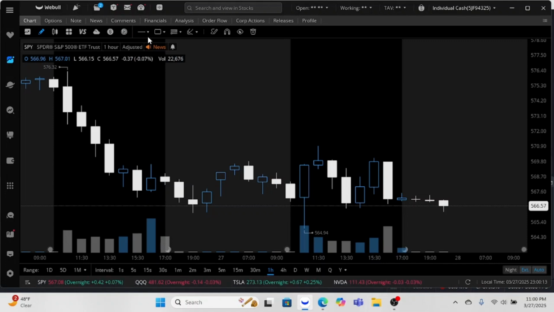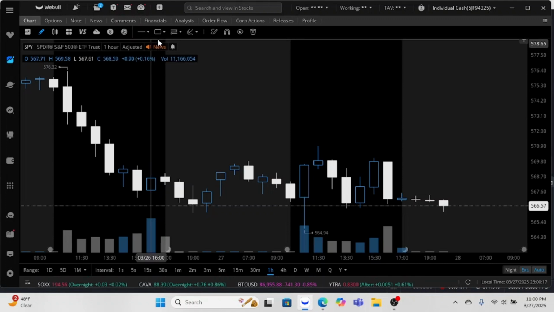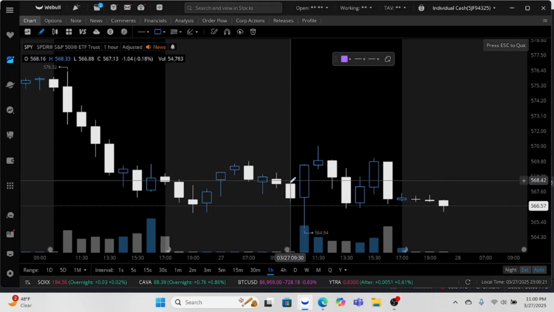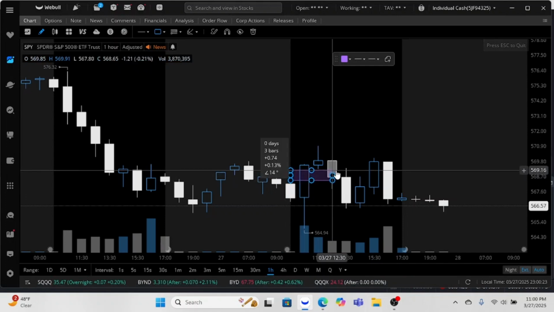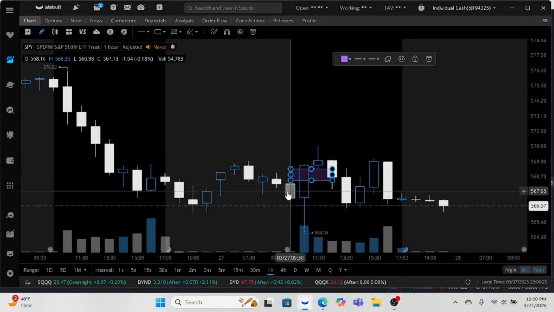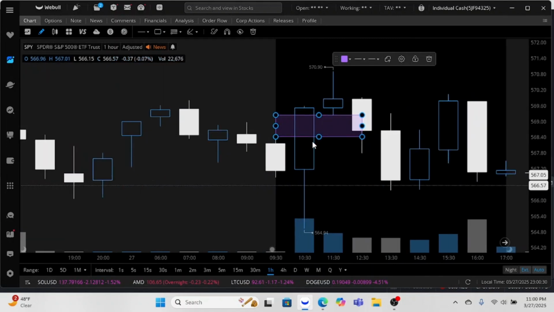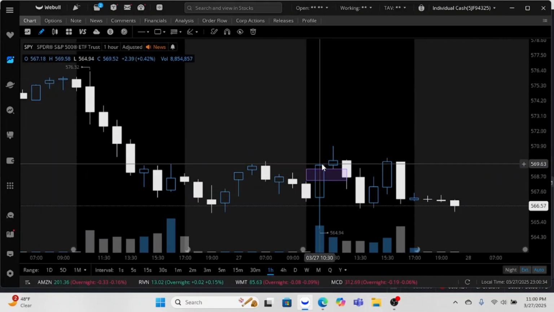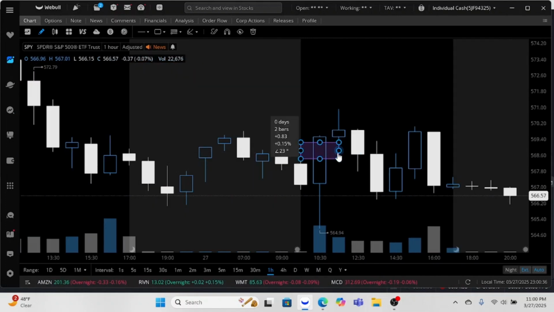It really doesn't matter whether it's an up closed candle or a down closed candle. You just want to look for the gap. See, you have a down close with an up close, another up close, these 3 candles. It really doesn't matter. But this is a fair value gap. That little gap right in there.